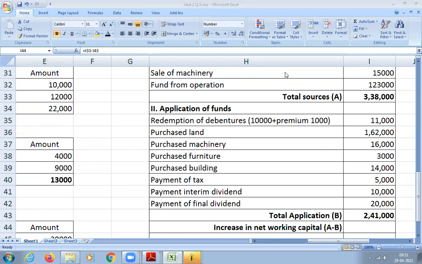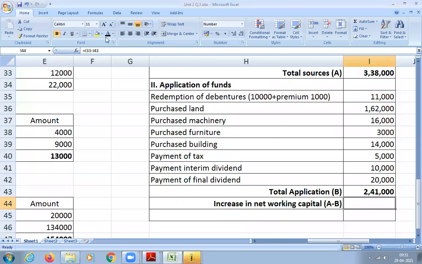Why, Jackson, are you putting it in the chat box? Why can't you unmute and tell your answer? Okay, so the increase we got is 97,000. So what is the total? 3,38,000, sir. So this finishes your fund flow statement.